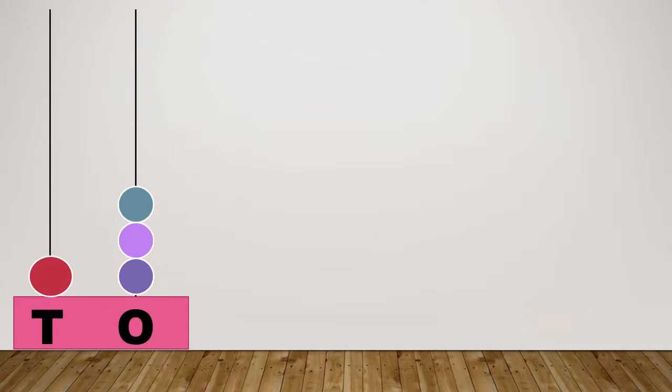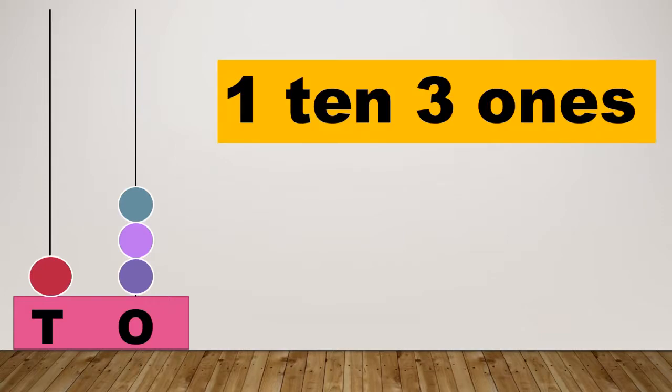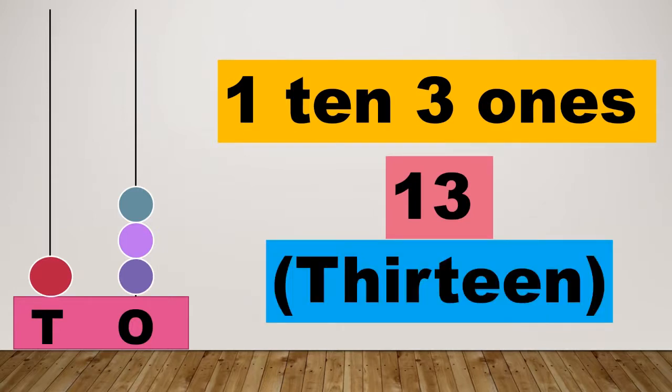Ones place 3 beads and tens place 1 bead. 1 ten, 3 ones. It means 1 ten, 3 ones makes 13. THIRTEEN, 13.